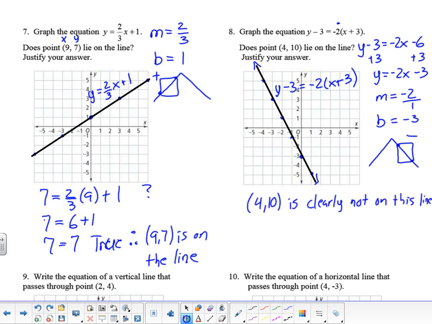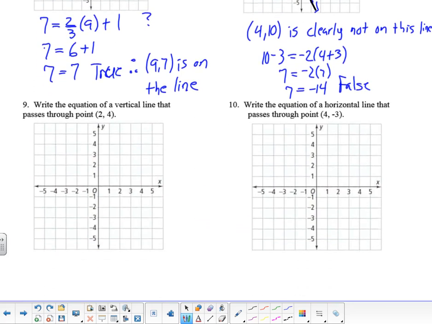To show you that algebraically, if we substitute it in, does 10 minus 3 equal negative 2 times 4 plus 3? Okay, so 10 minus 3 is 7. Does 7 equal negative 2 times 7? 7 equals negative 14 is false. Okay, so that's how we could tell algebraically.